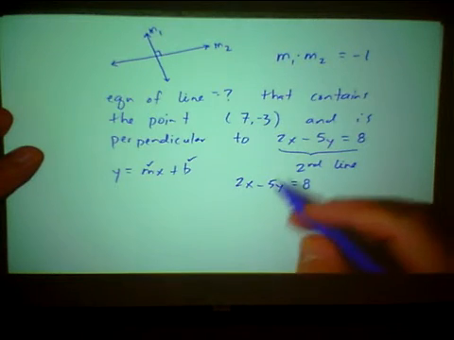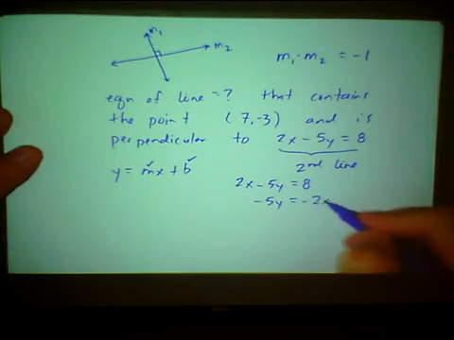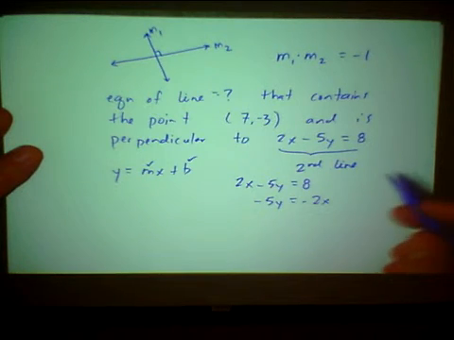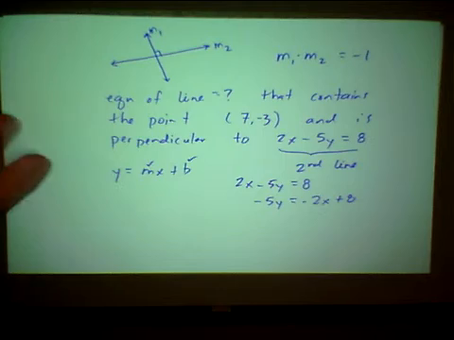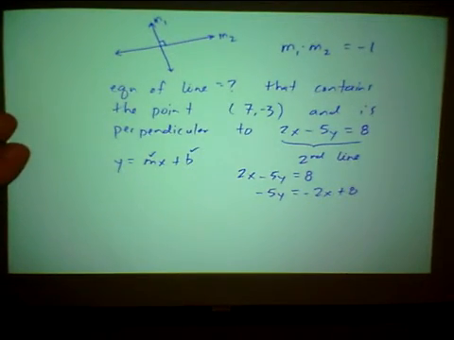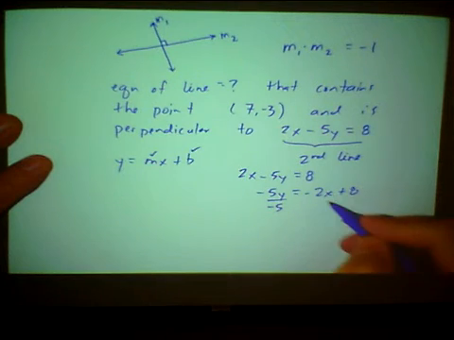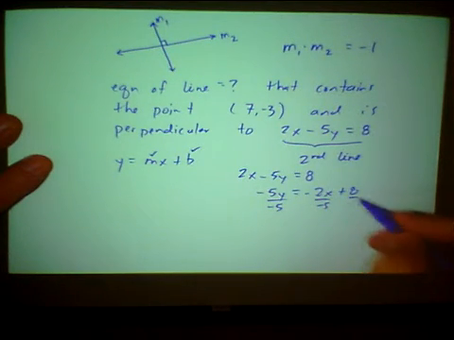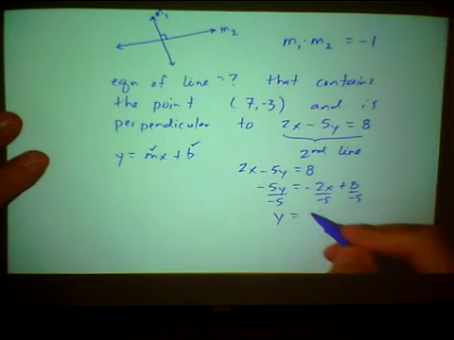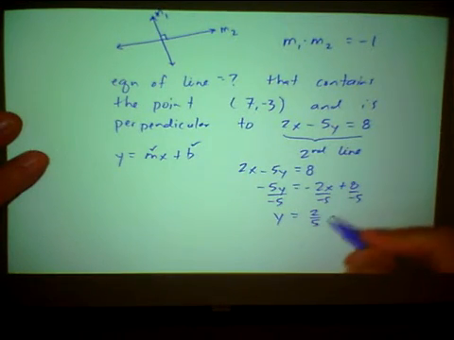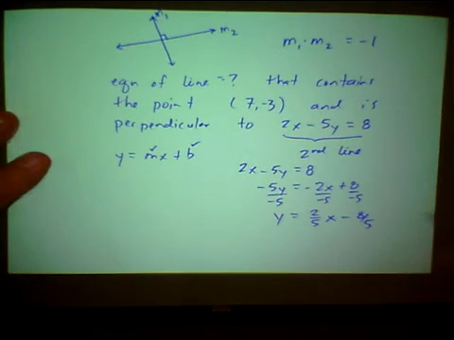So I'll subtract 2x from both sides. So you have -5y equals -2x plus 8. Then to get y by itself, I'll divide both sides by -5. So therefore you have y equals 2/5 x minus 8/5.